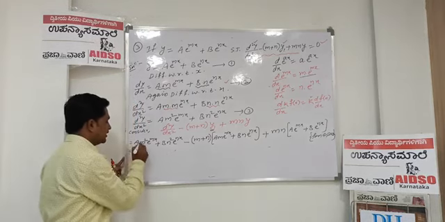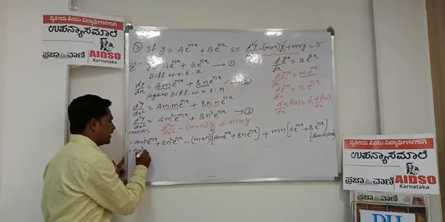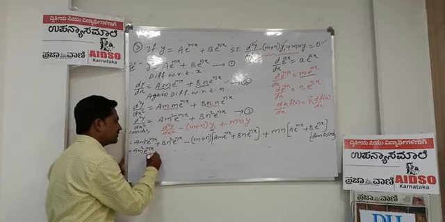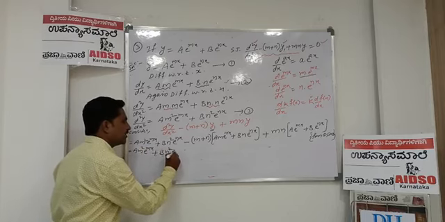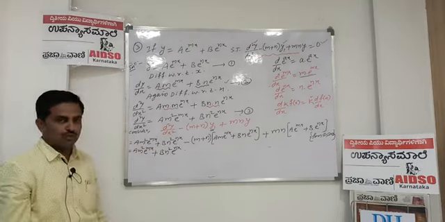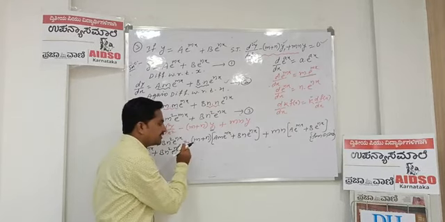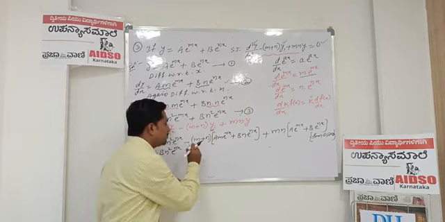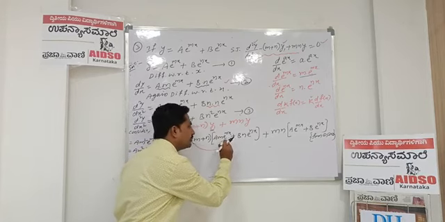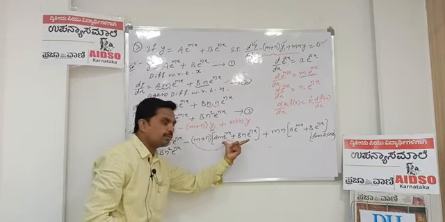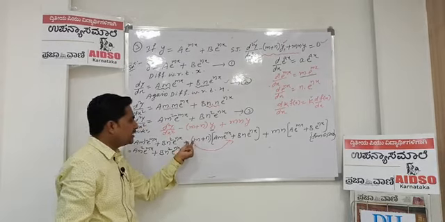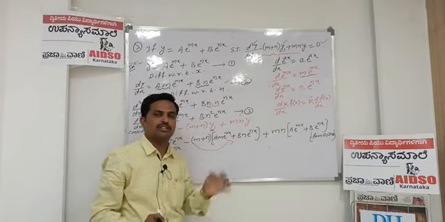Then further this will remain as it is, am square e to the power mx plus bn square e to the power nx. Now what we have to do? First thing you need to remember, minus m will be entirely multiplied with the bracket, the entire bracket. I am repeating, minus m should be entirely multiplied with the bracket.